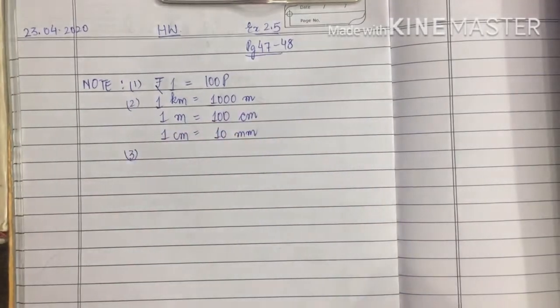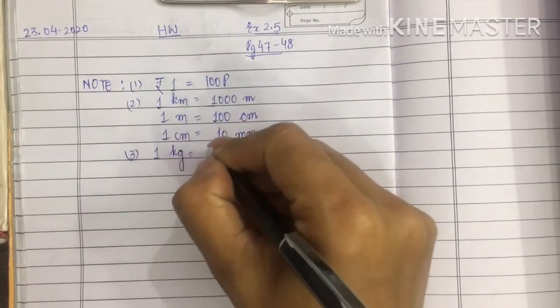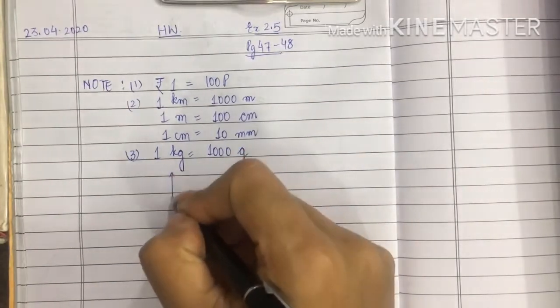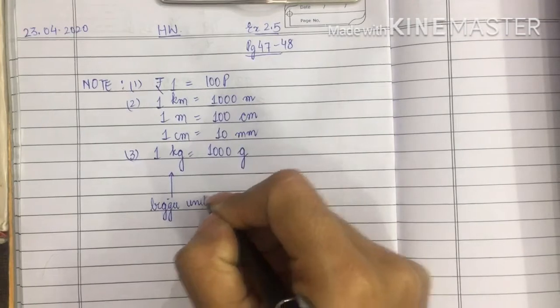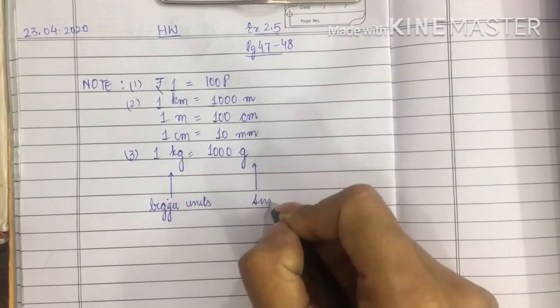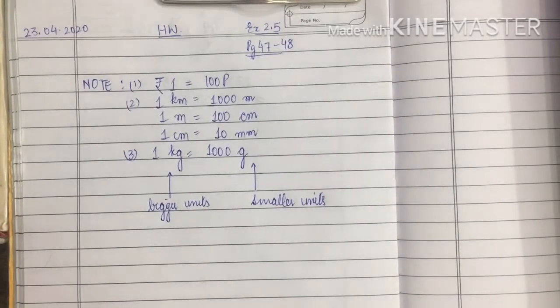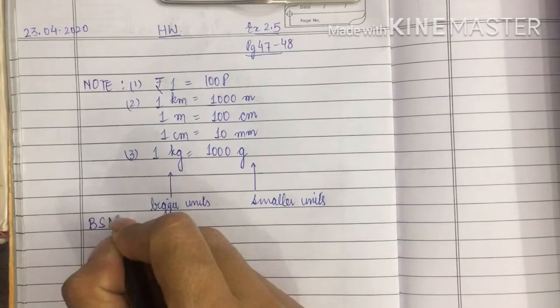Then we have to convert the units of mass or weight. For that we have 1 kilogram equals to 1000 grams. So on this side we have bigger units, and on this side we have smaller units, and the rule that we will be using are bigger to smaller, multiply.